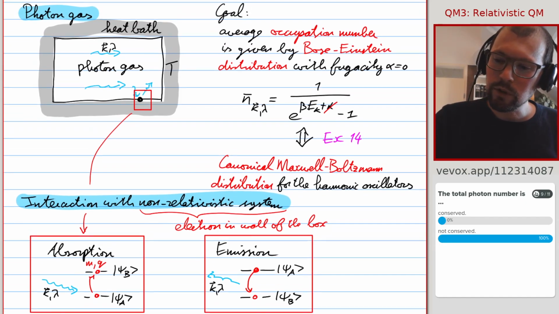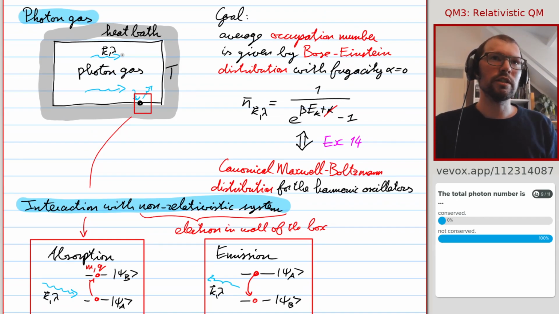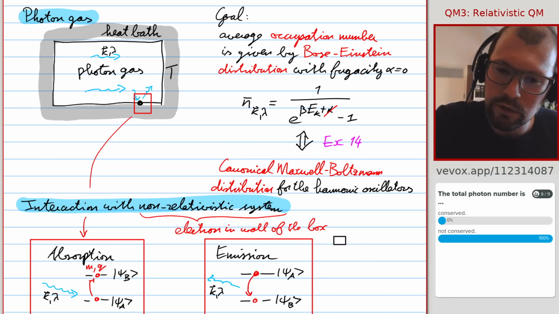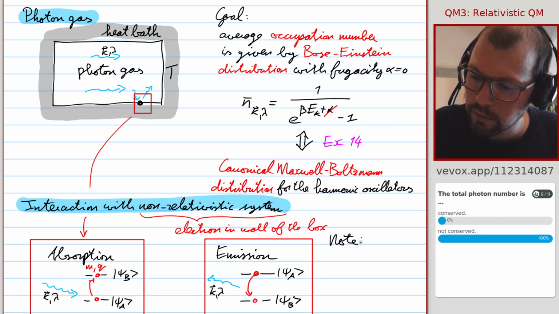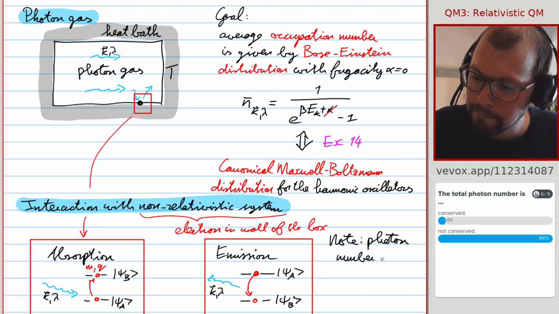So this is very important for photons compared to, say, a gas of electrons, in that for photons the total number is not conserved. So note, photon number is not conserved.